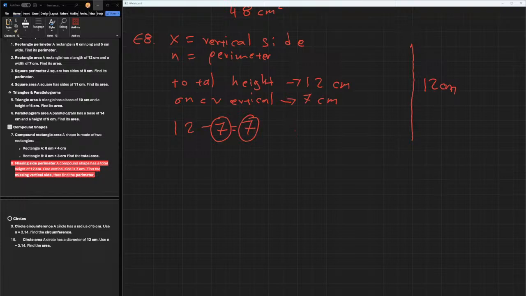I can't do this, no. It's very difficult to think. I don't even understand what this compound shape is.